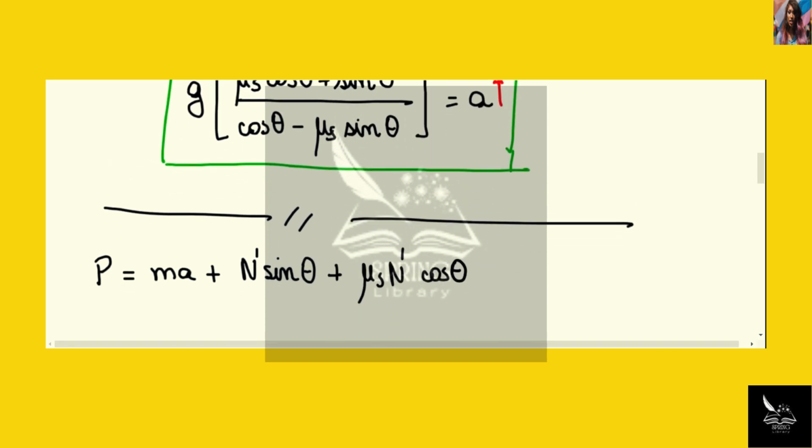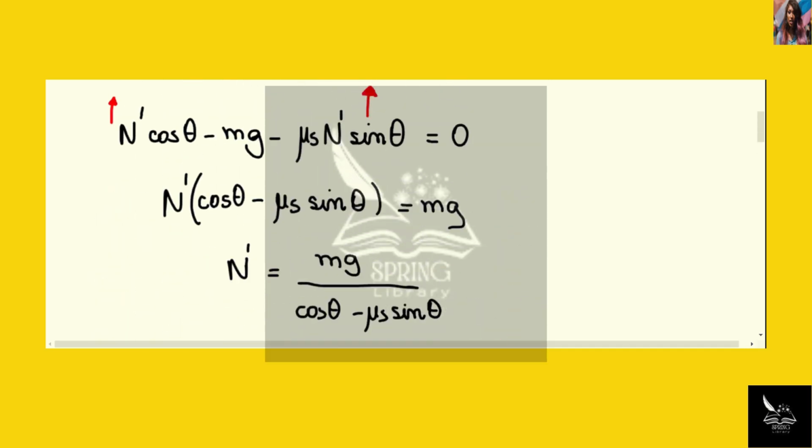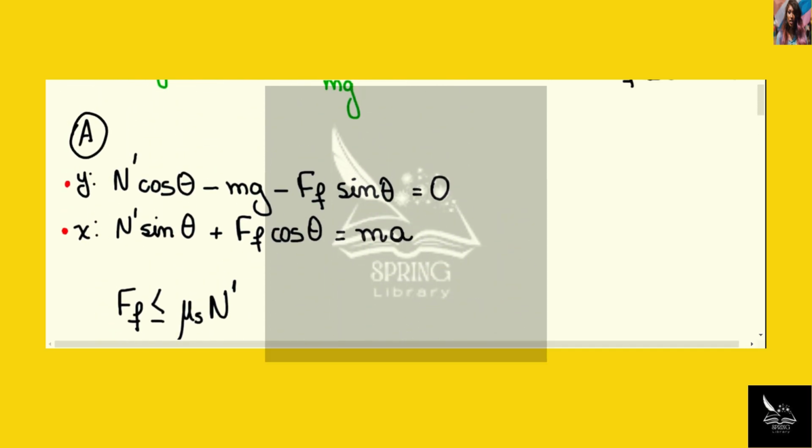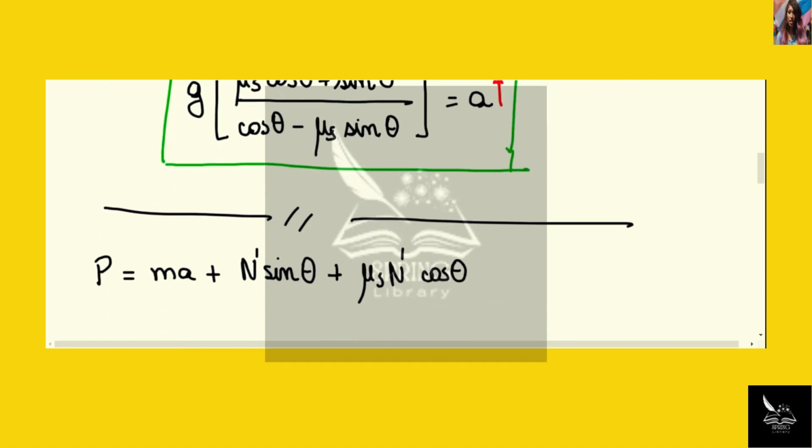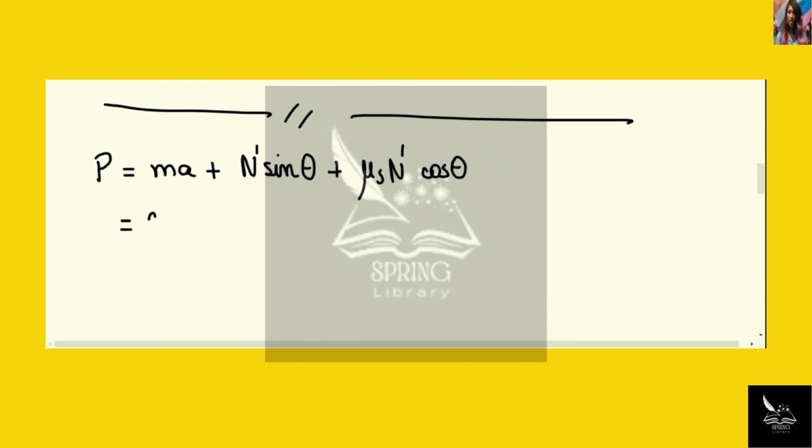So we can take the equation for the x component of block A, where n prime sine theta plus mu s n prime cosine of theta is equal to ma. So this is equal to 2 times ma.